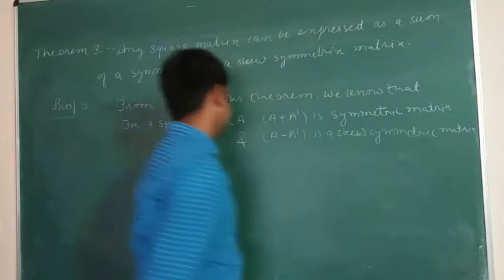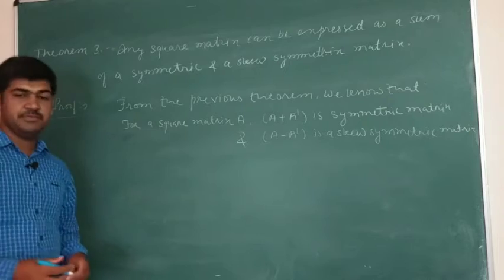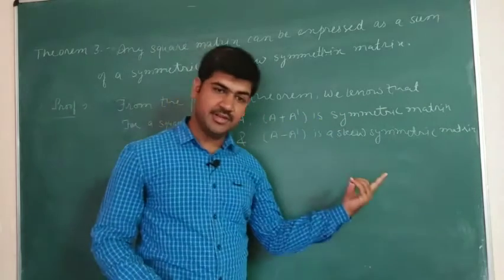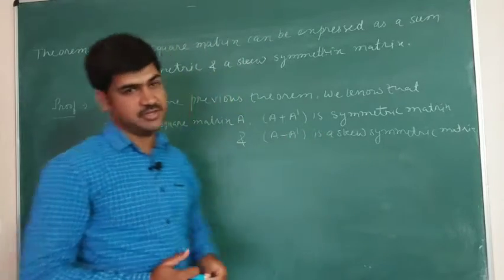Dear students, from the previous theorem we know that for a square matrix A, A plus A dash is a symmetric matrix and A minus A dash is a skew symmetric matrix.